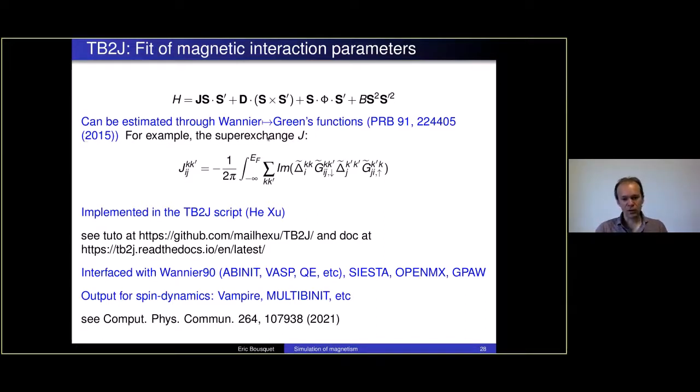The idea of this paper is that for plane wave codes, we can compute the Wannier functions that are quite well localized. This is quite standard now with the Wannier90 tool. From the Wannier functions, you can build the Green's functions. And the interesting thing is that from the Green's function, you can extract all the J parameters.